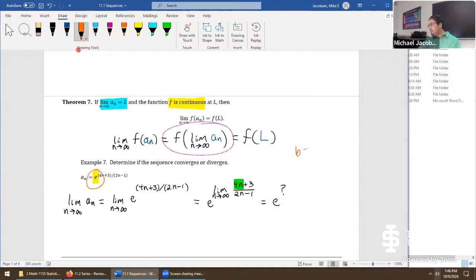For exponential functions, the base b is always positive, and the base is never exactly 1, or else it's just a really simple function. So any number that satisfies these properties would work out just fine. So think like a 7 would work. Other questions about that?